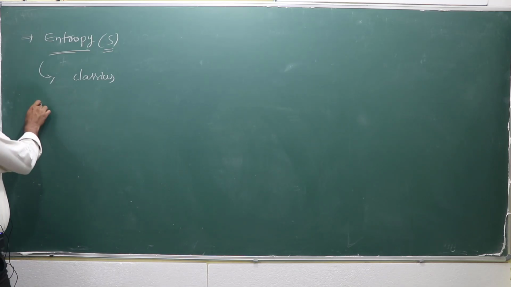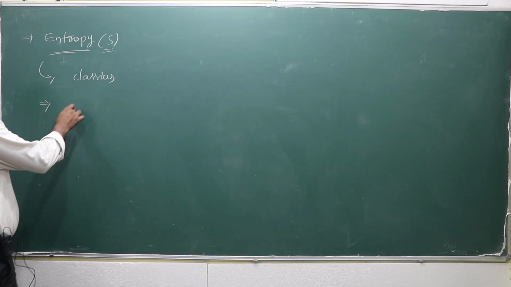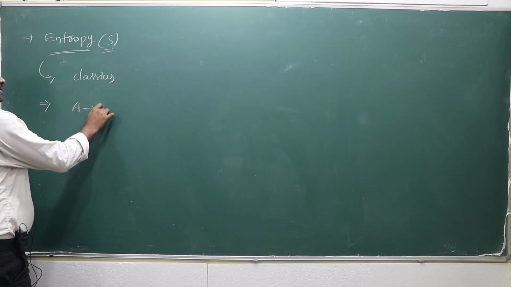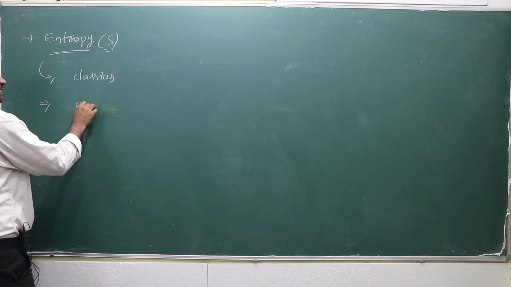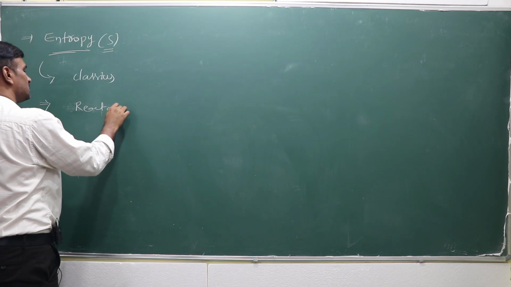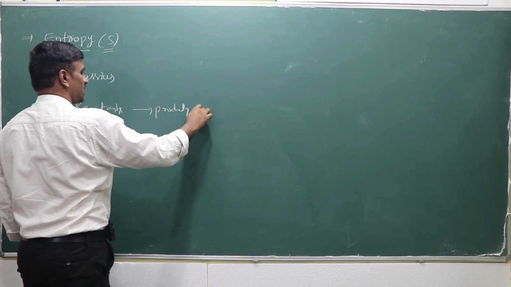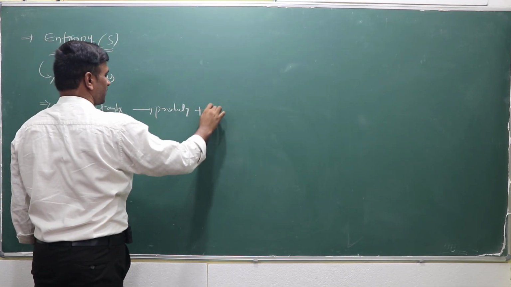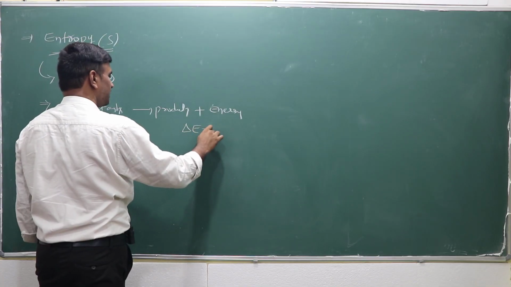That means at the beginning, before entropy, whether a particular reaction is a spontaneous reaction or not was judged this way. Reactants to products: if some energy is released, delta is equal to negative.